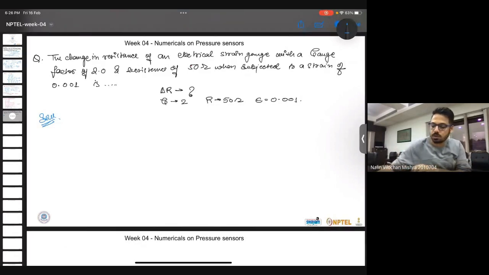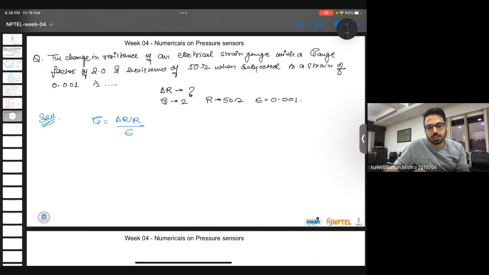Okay, so let's solve it. So the formula for gauge factor is given by change in R by R over strain. The value of strain is given, value of R is given.